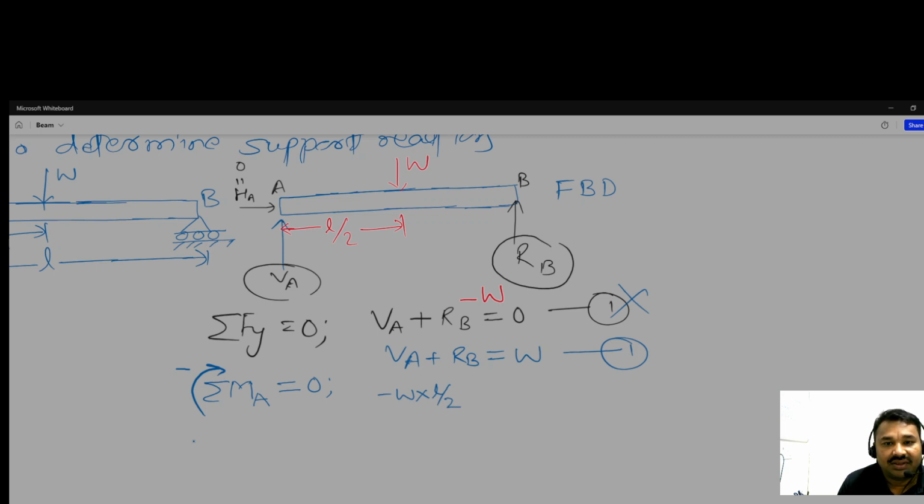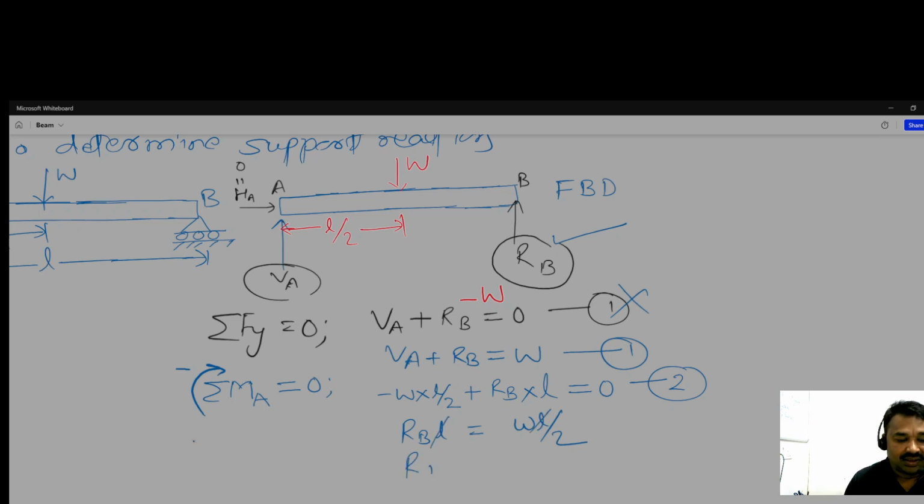RB will try to rotate the beam anti-clockwise, and the distance is L, so the sum is equal to 0. This is our equation number 2. So we get RB L is equal to WL by 2, so RB is equal to W by 2.